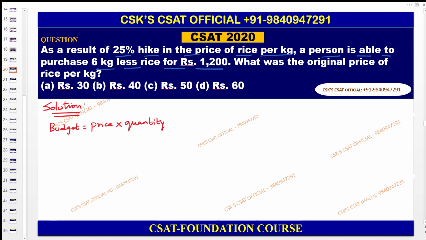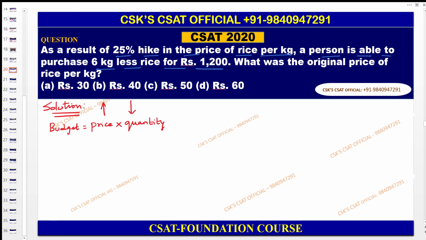So when the price increases, automatically your quantity reduces. That is the logic here. When the price increases, quantity reduces.